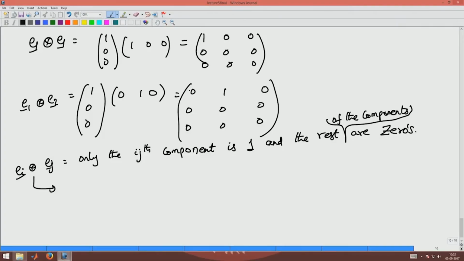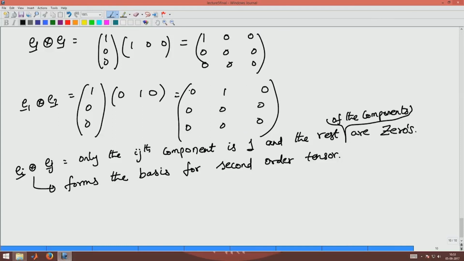Okay, Ei tensor product Ej forms the basis for second order tensor.